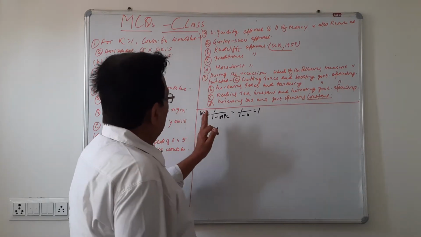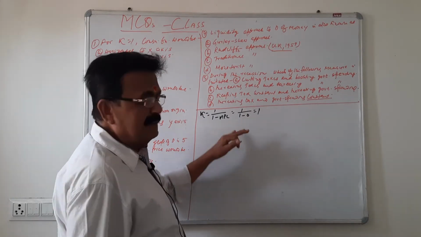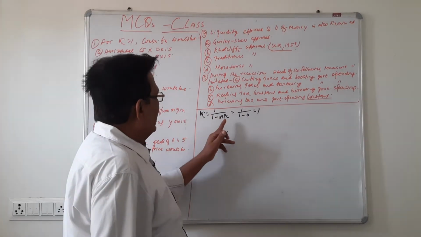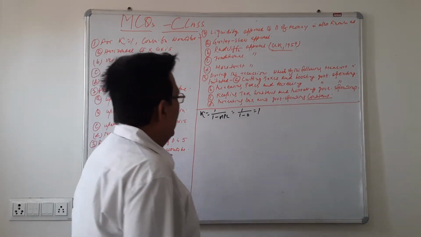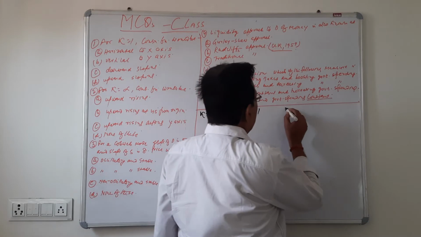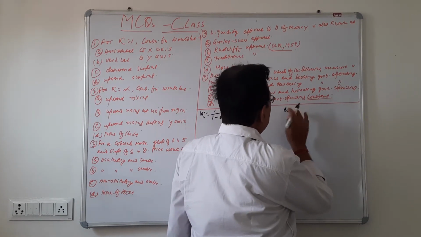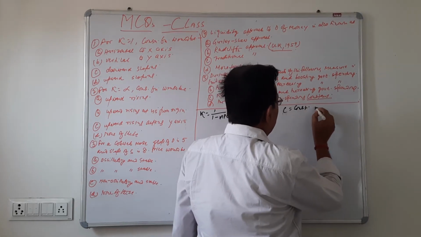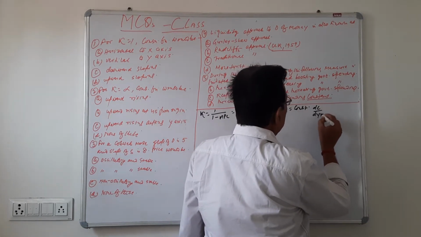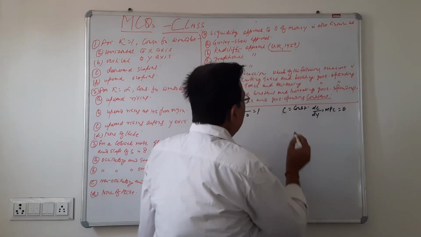The consumption function should be such that its slope is 0, or MPC is 0, and it happens only if consumption C is constant, then dC by dy, that is nothing but MPC, is 0.